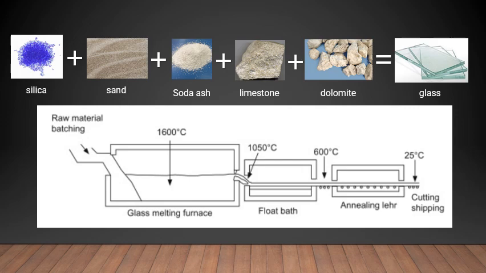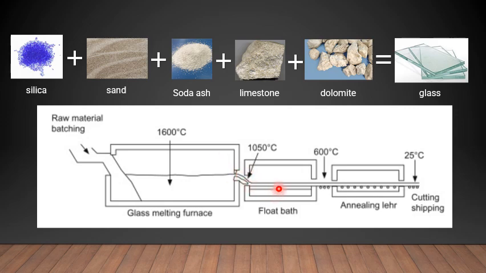First is putting all the raw materials together in the furnace at 1600 degrees centigrade. The furnace will melt and refine the raw materials. Then they mix these materials in the right proportions, and the molten material from the furnace flows into the float bath.